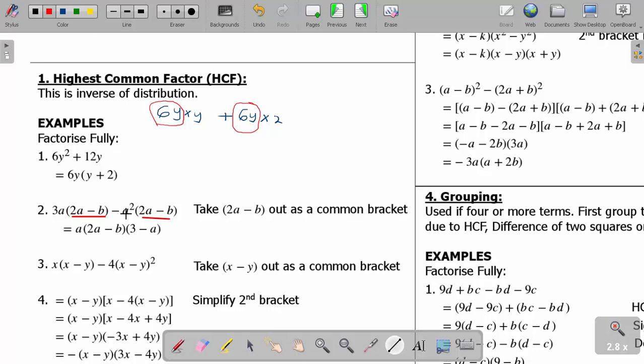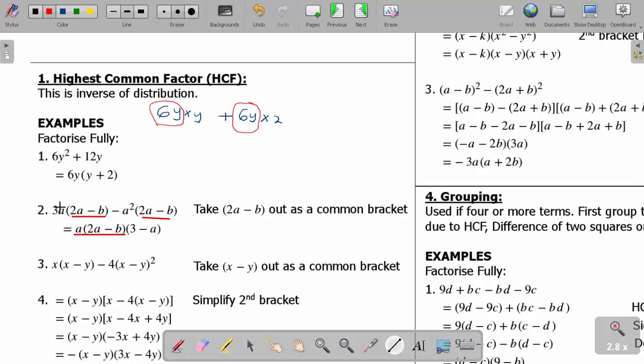So what do we have? There is a into 2a minus b, and this is a squared into 2a minus b, meaning that a into 2a minus b is common to all of these.